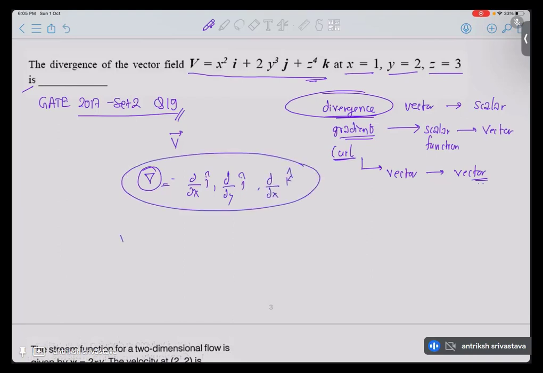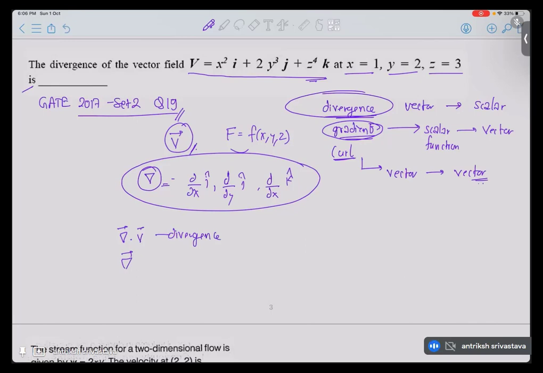Divergence will be a dot product between this del and V. For gradient, V is a vector and F is a function of x, y, and z, let's say. So this is divergence. Gradient will be just a multiplication.